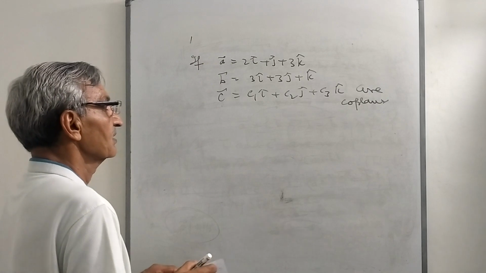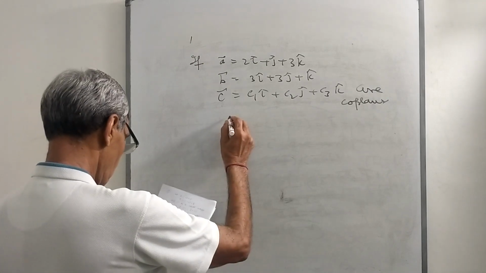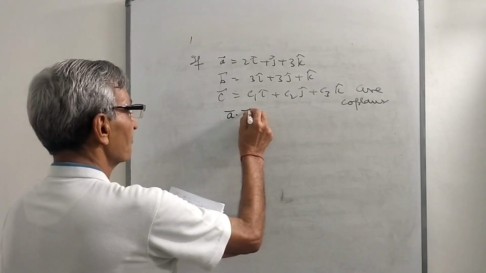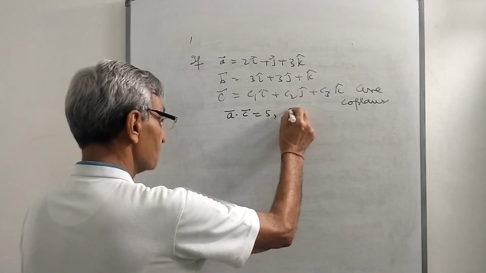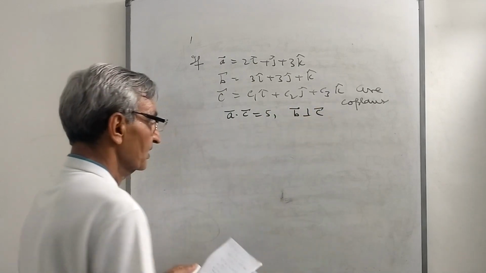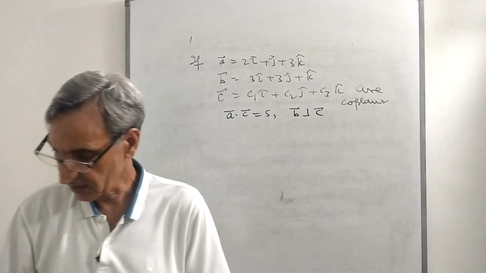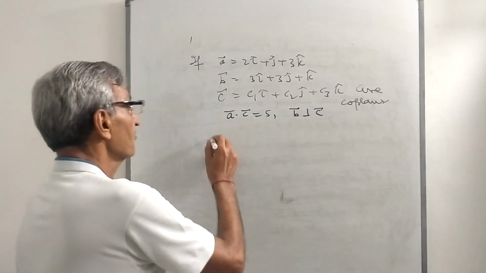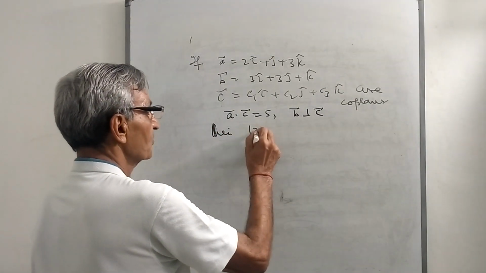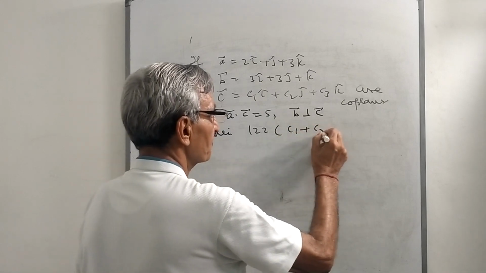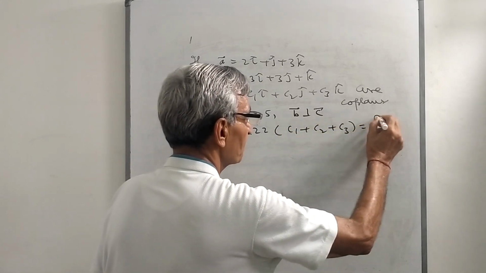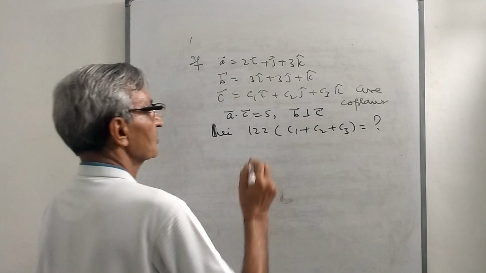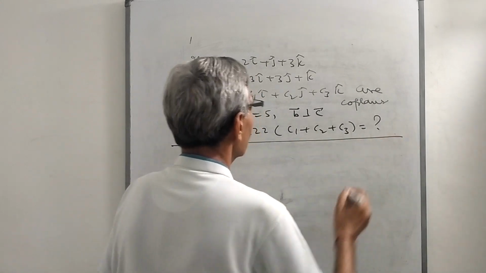Second thing given is that A dot C is equal to 5 and B is perpendicular to C. With this condition, find the value of 122 times C1 plus C2 plus C3, and what does it come out to be? This is the question. Friend, here I go.